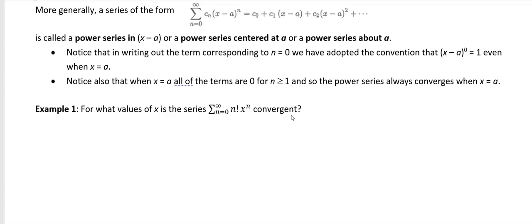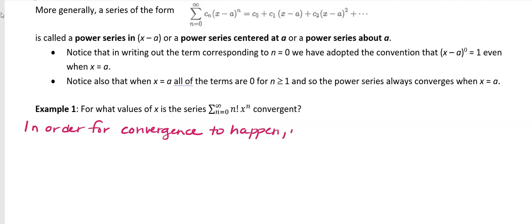And the question we need to ask ourselves, or the idea we need to follow, is in order for convergence to happen, we need the limit as n approaches infinity of the absolute value of a sub n plus 1 over a sub n to be less than 1.